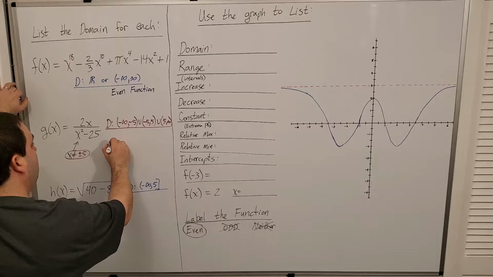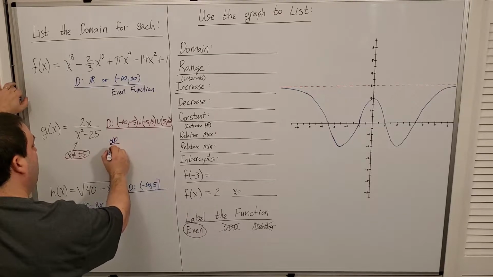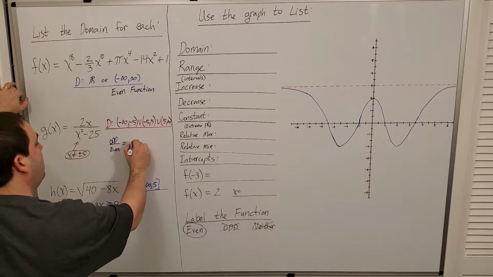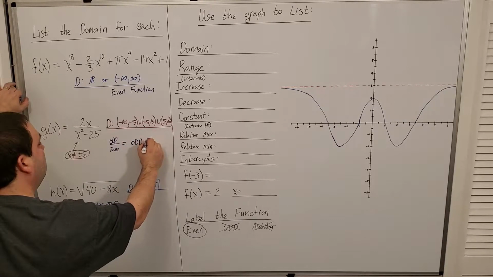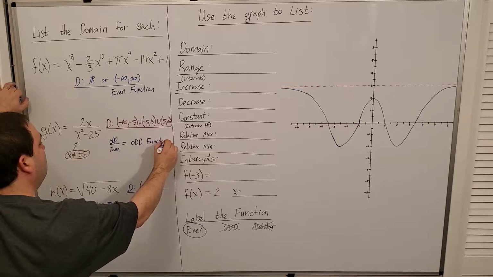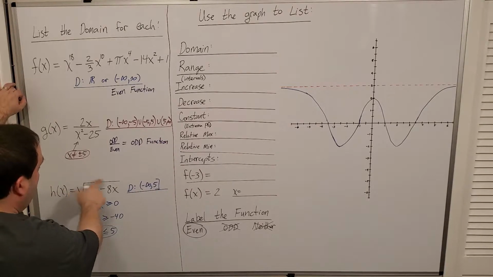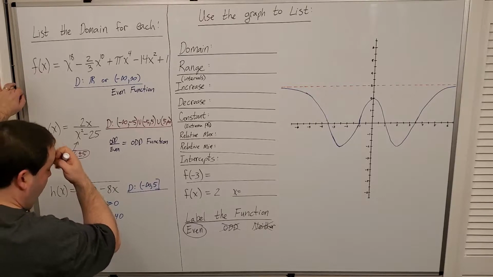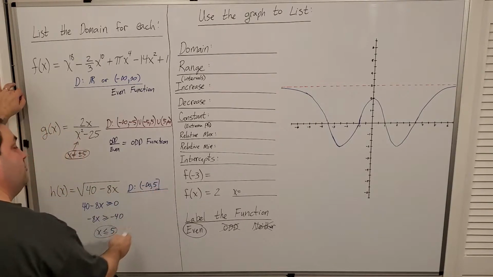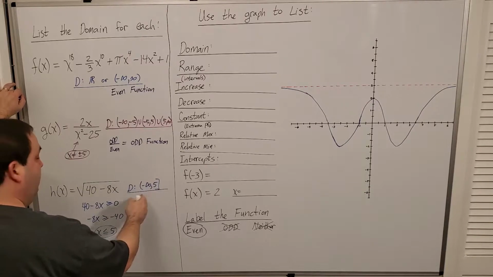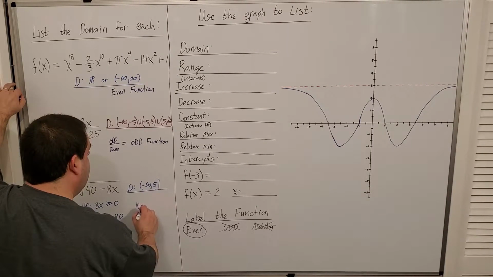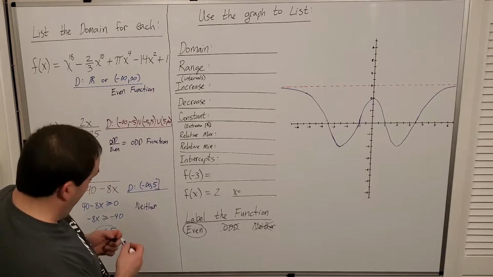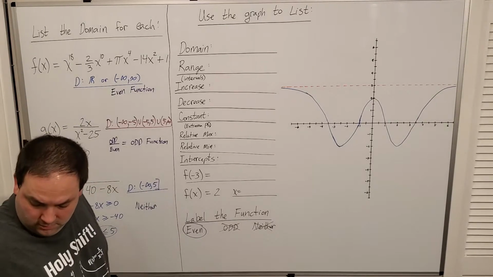Okay? Odd divided by even is going to give me an odd function. Anything with a square root in it has a domain restriction, which automatically throws out any kind of symmetry because it's a cut in half type of symmetry. So this is definitely neither even nor odd.